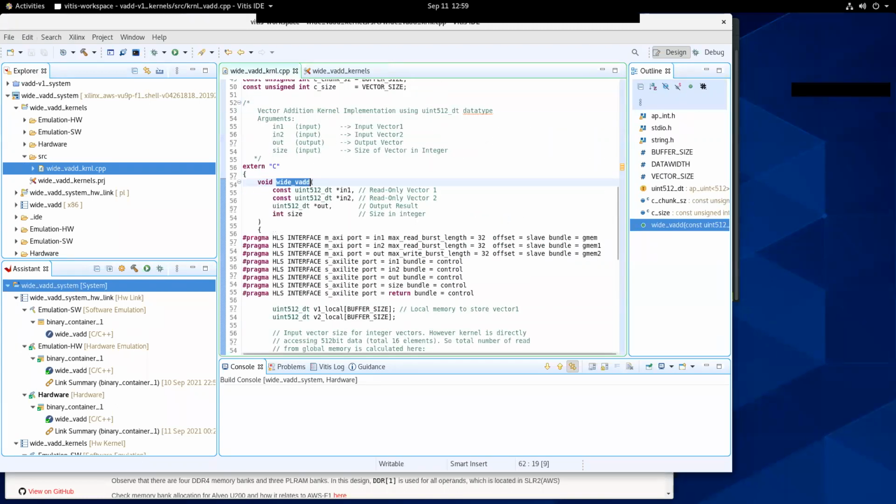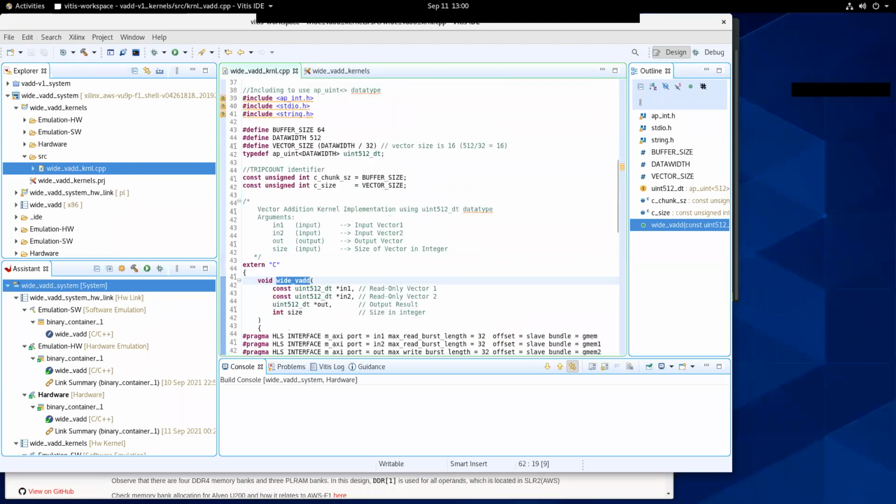In this code, pay attention here on line number 54. There is a new data type that we are seeing for in1 and in2. In1, in2 are the input vectors and out is the output vector. This data type is defined on line number 42. This is a C++ template, if I'm right. Here we are specifying that we want an unsigned integer of size 512 bits.